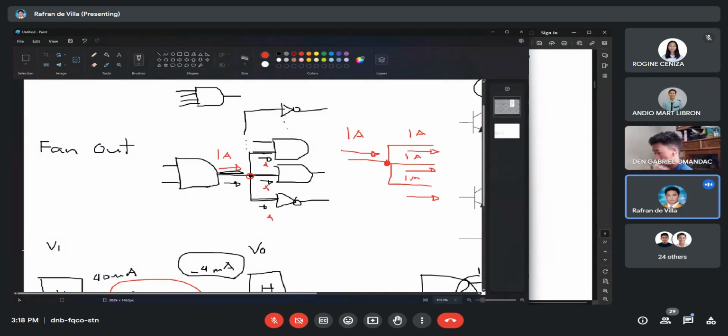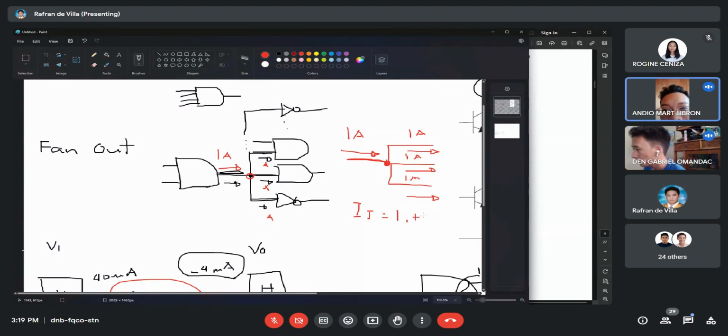Sir, the relationship of the three of them is that the summation equals the input current. So we have I total, the current. I total is equal to the summation of IN. Okay?